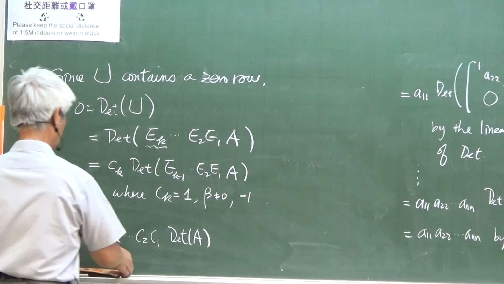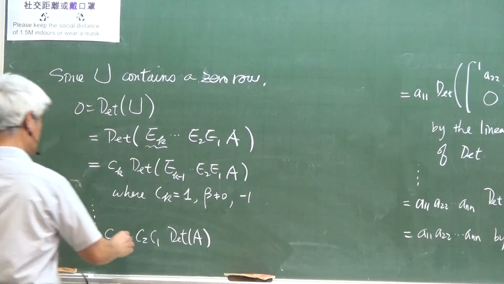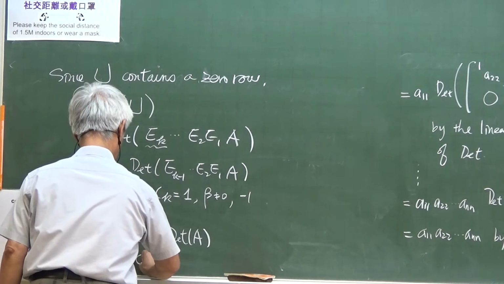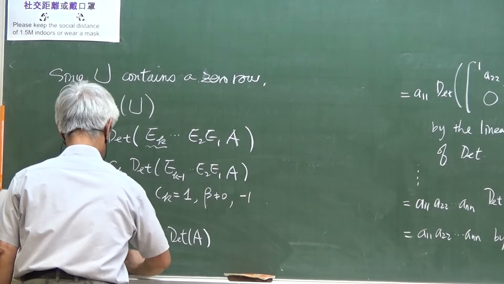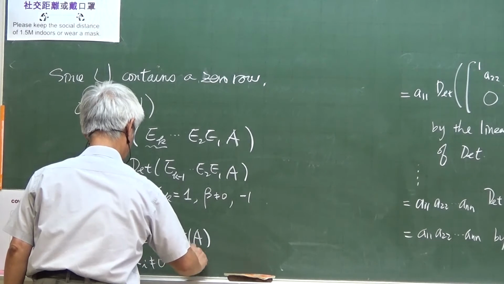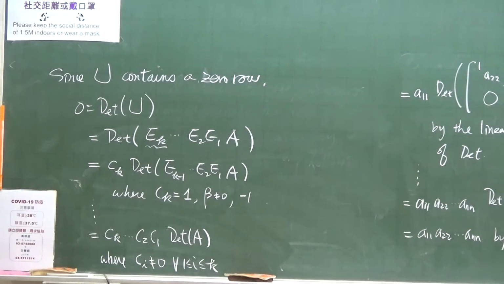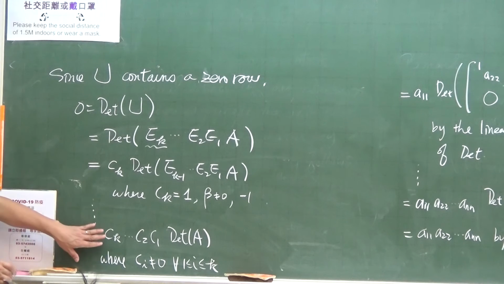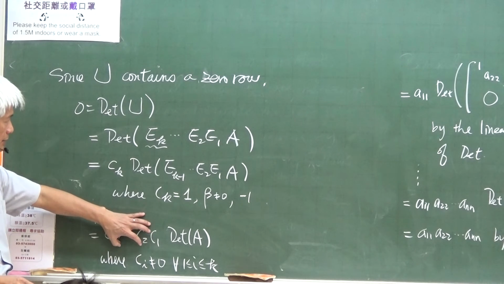All right. So specifically, Ci is not equal to 0 for all i from 1 to k. Now Ck, ..., C2, C1, they are non-zero.